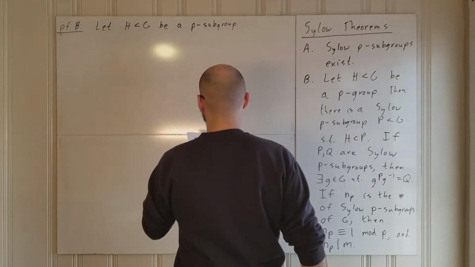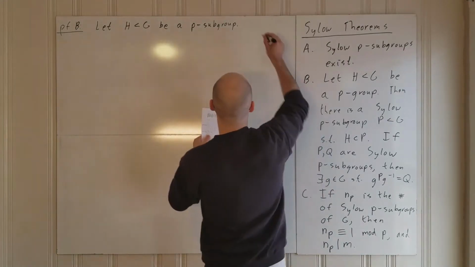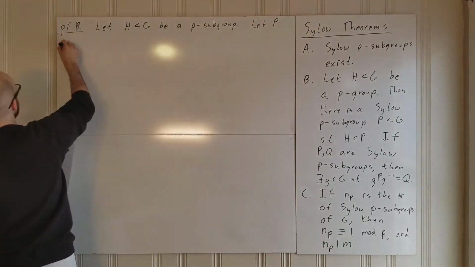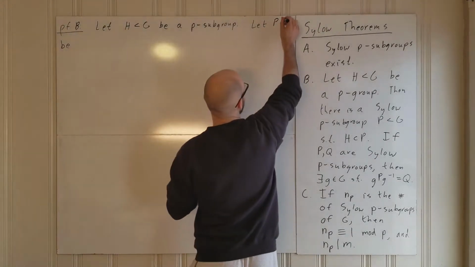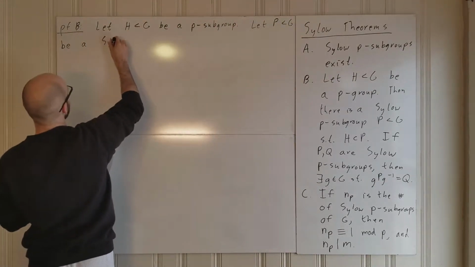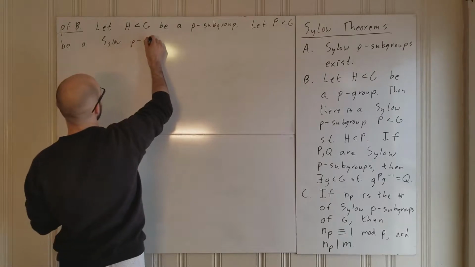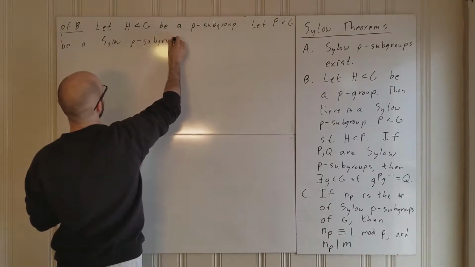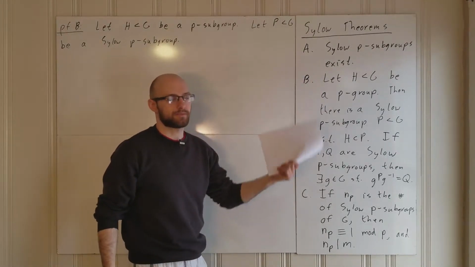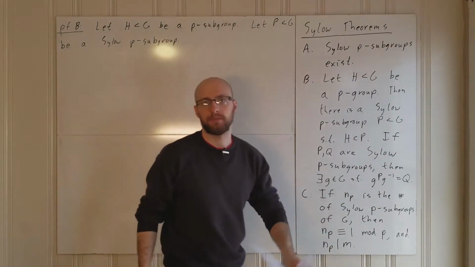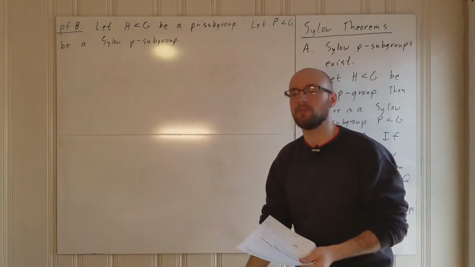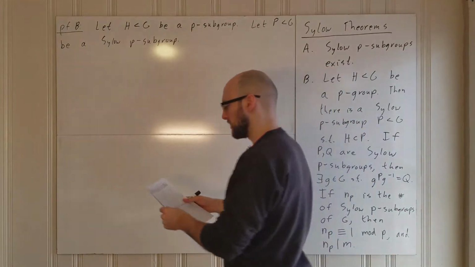So let P be a Sylow p-subgroup. Of course, to prove this one, we need part A, because we can't define such a P if we don't know that Sylow p-subgroups exist.